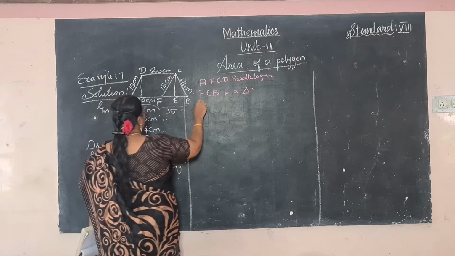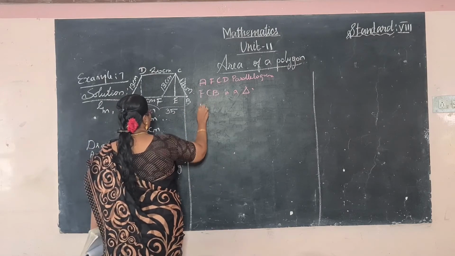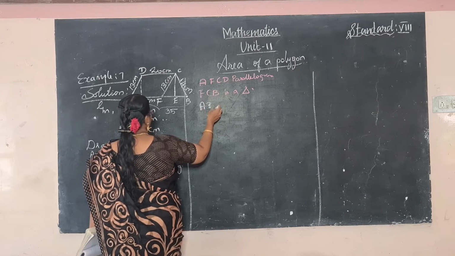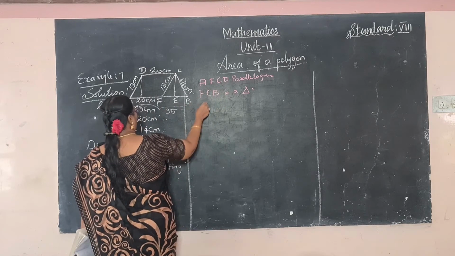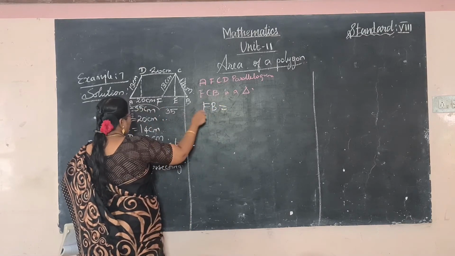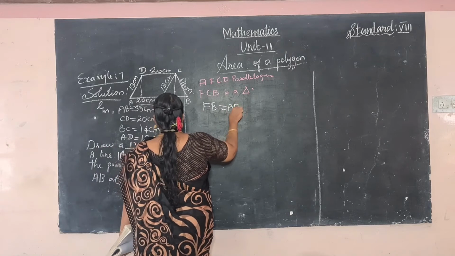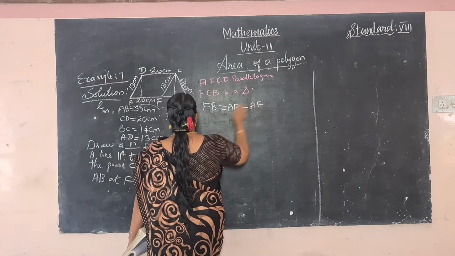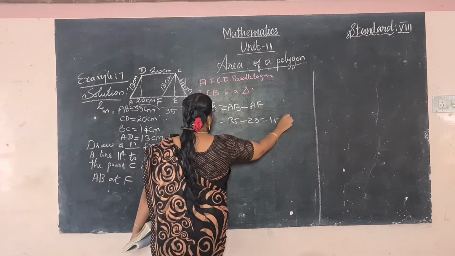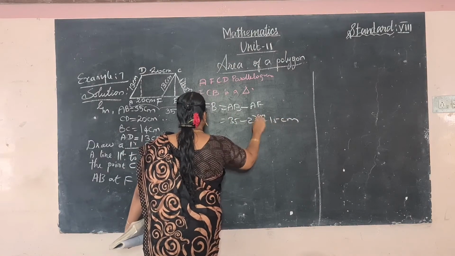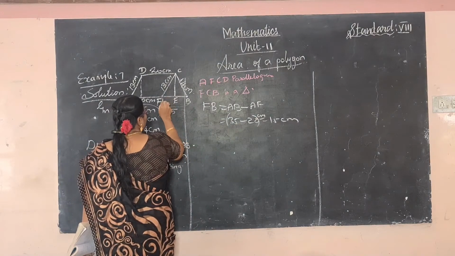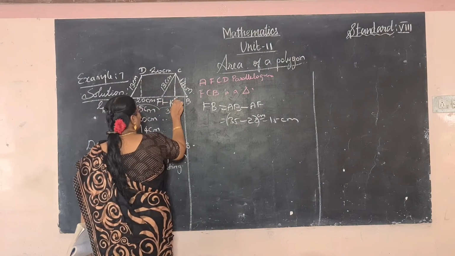So FB is equal to the whole value AB minus AF. AB value is 35 minus 20 equal to 15 centimeter.